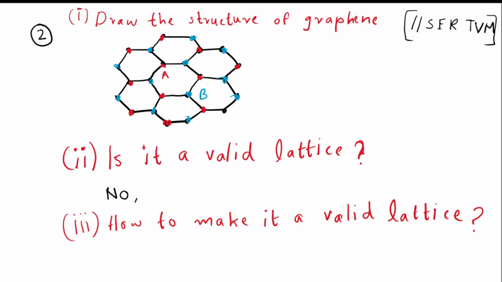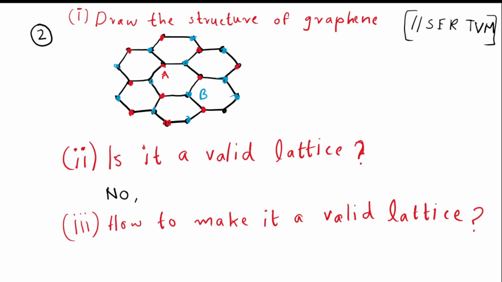So when we consider this point also, at some distance north of this point, there lies another point. And at some distance left of A, there is another point. Similarly, to this point also, at some distance left, there is another point. And for this point, at some distance right, there is this point. Also similarly, for this point, at some distance right of this point, there lies another point.